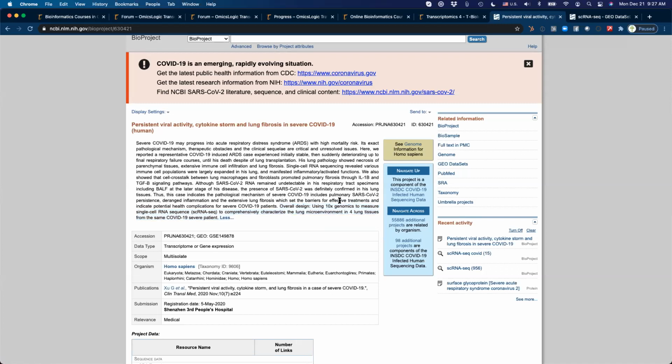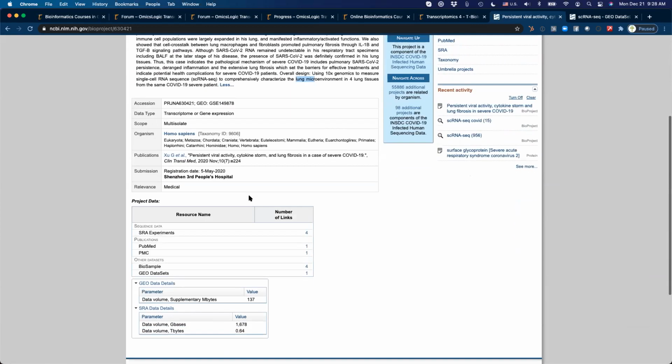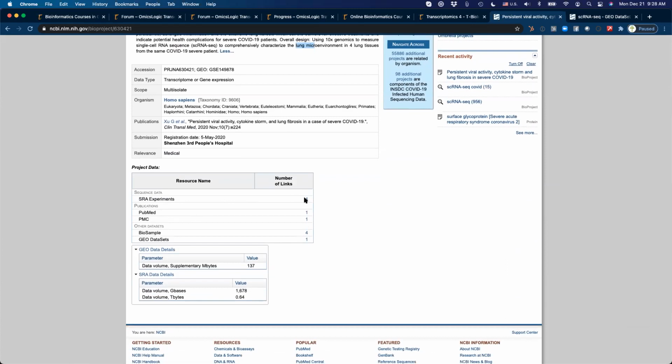So you can see here using 10x Genomics to measure single cell RNA sequence to comprehensively characterize the lung microenvironment in 4 lung tissues from the same COVID-19 severe patient. So again, you have one organ, the lung, and then you have specific tissues from the same COVID-19 severe patient. And you can see that they have here the SRA experiments. So it's 4 SRA experiments, and then you have 1 GEO data set.